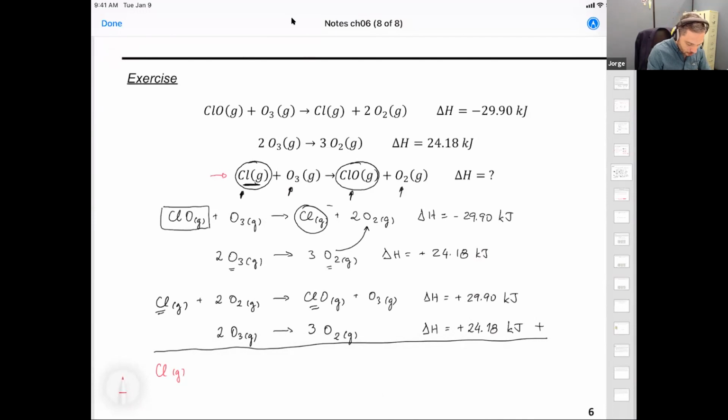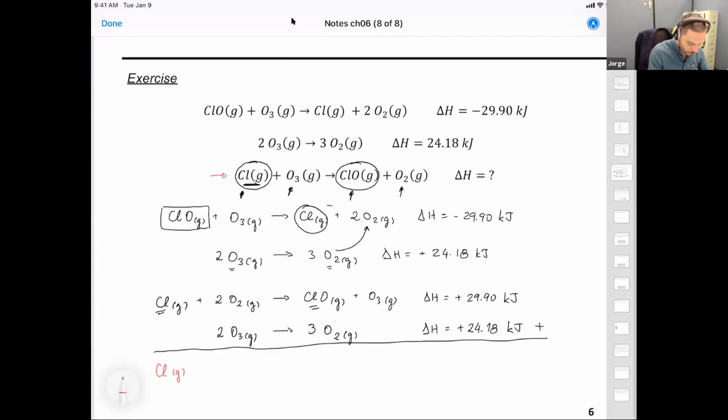Now let's look at oxygen gas. In the first reaction, we have 2 oxygen gas molecules on the reagent side, while in the second reaction, we have 3 oxygen molecules on the product side. Treat the chemical reactions as a mathematical equation.